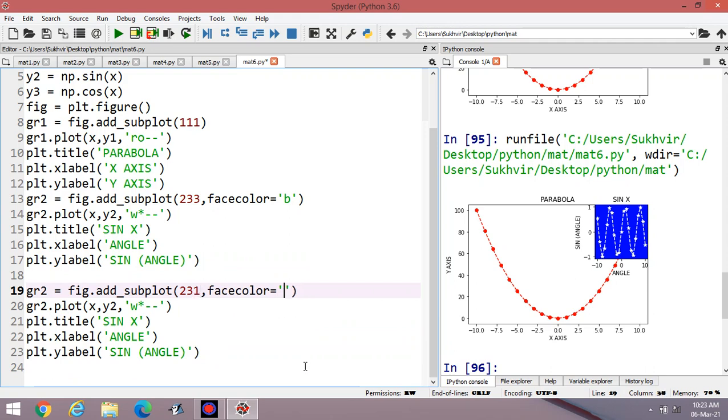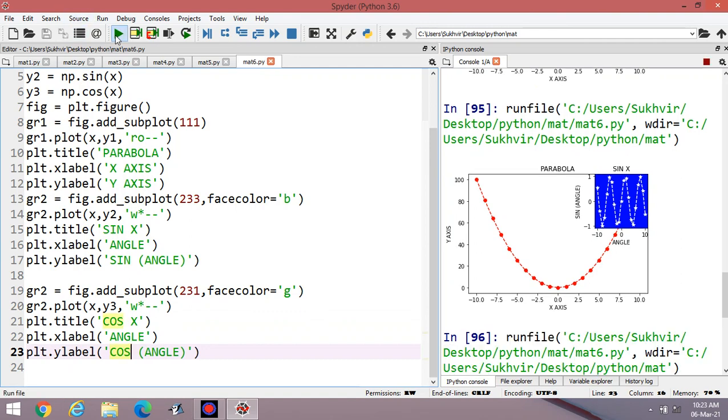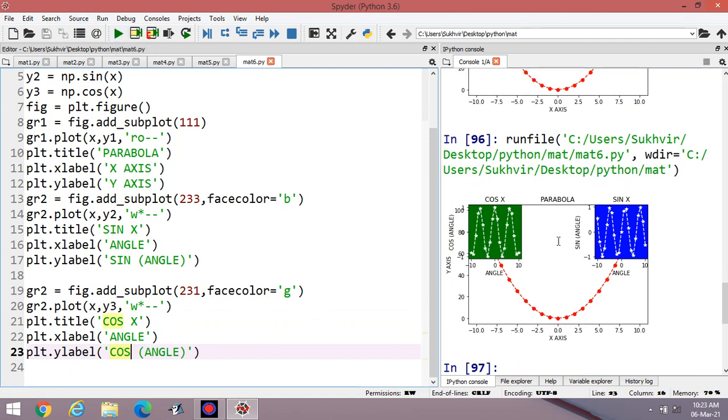Let the color be green and the variable is y3 and the graph is of cos x and I have to write cos of angle. Okay, let's execute this one. You can see the graph here also.